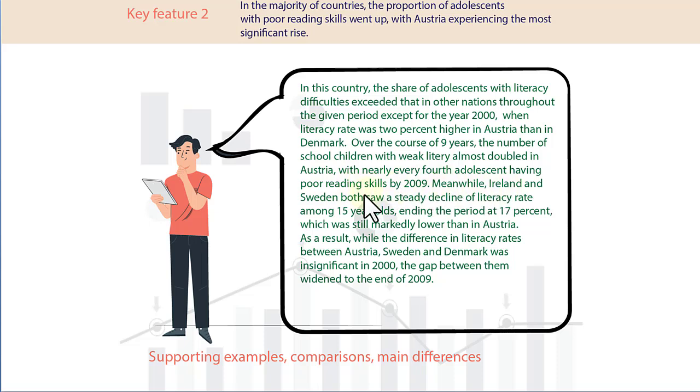Meanwhile, Ireland and Sweden both saw a steady decline of literacy rate among 15-year-olds, ending the period at 17%, which was still markedly lower than in Austria. As a result, while the difference in literacy rates between Austria, Sweden, and Denmark was insignificant in 2000, the gap between them widened to the end of 2009.